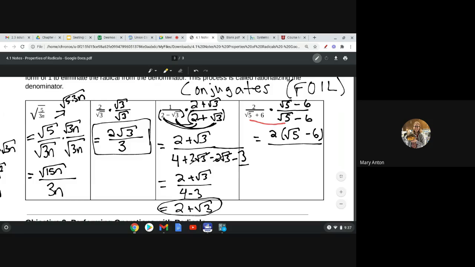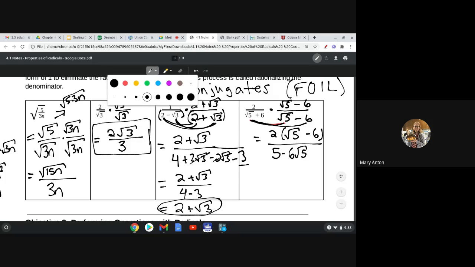Square root of 25, which is 5. And then what is root 5 times a negative 6? That's just minus 6 root 5. And then FOIL, so we got a 6 times a root 5, so it'll be plus 6 root 5. And then a 6 times a negative 6, which is negative 36.